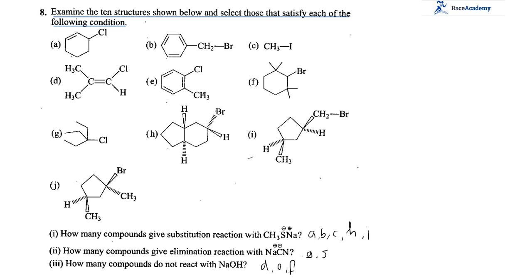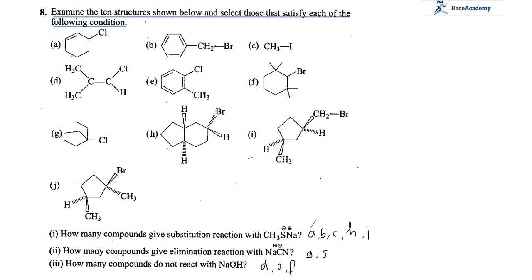We have allyl groups, which rapidly undergo this reaction. A is correct. And let us check B. Benzyl groups are involved in substitution reactions. C, CH3I, SN2 substitution reaction it will form.